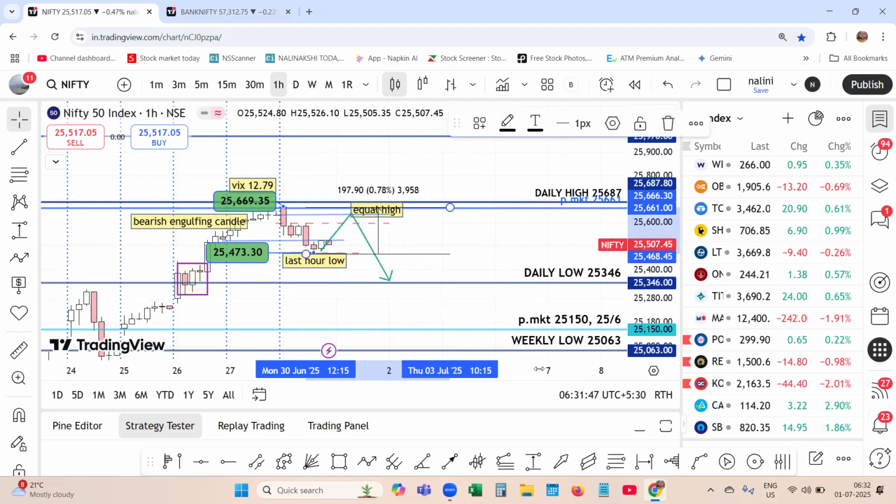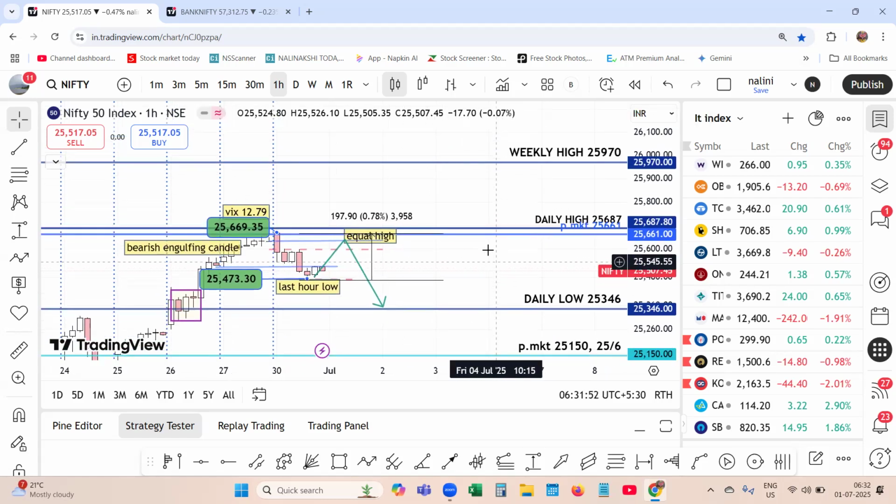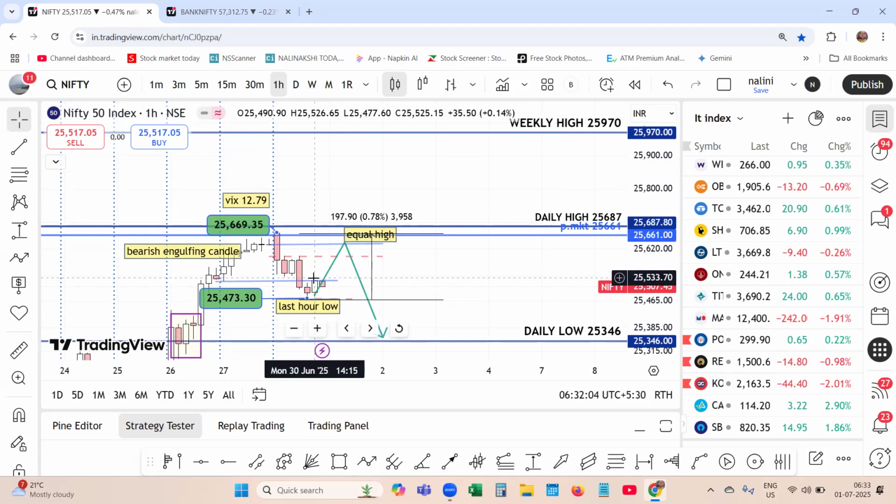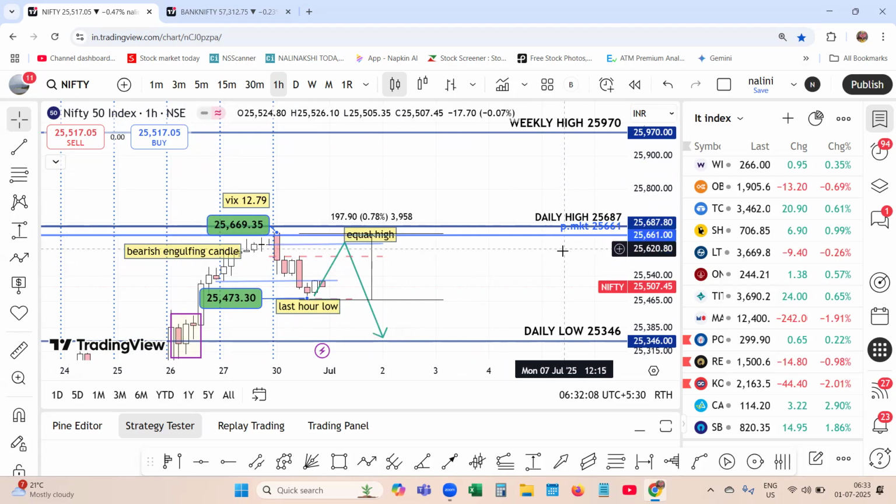So mark down the levels, and the weekly boundaries are 25,063 and weekly high to be 25,970. These are the levels you need to mark out. And yesterday's pre-market level is at around 25,661. I do mark the pre-market level when the market settles down around 9:08 a.m., just to have a guideline.